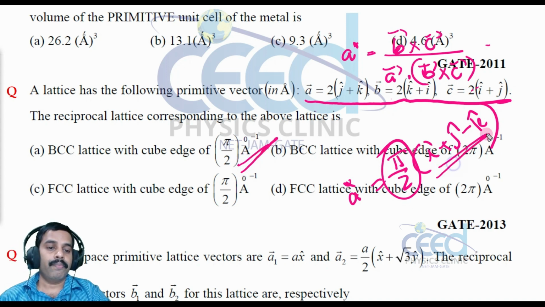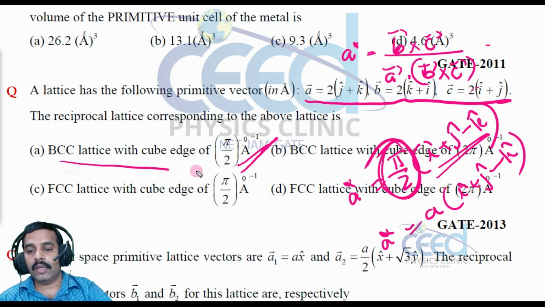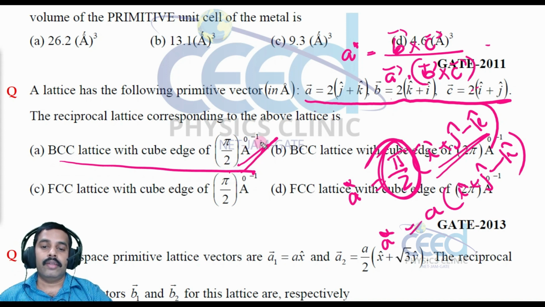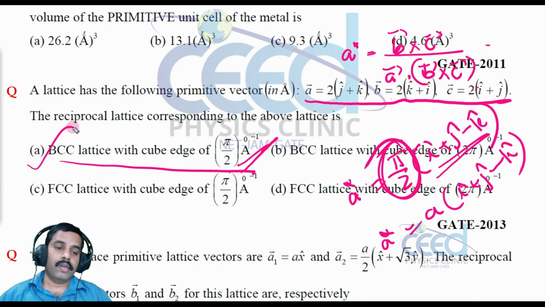This represents the primitive translation vector. So the general expression is A star is equal to some constant into the primitive translational vector. So this part represents the reciprocal lattice vector with cube edge pi by 2 Armstrong inverse. All right. So option A is the correct answer.